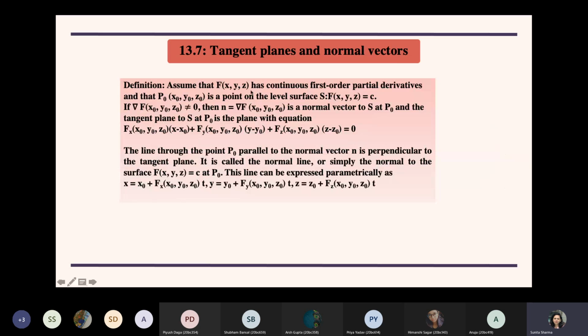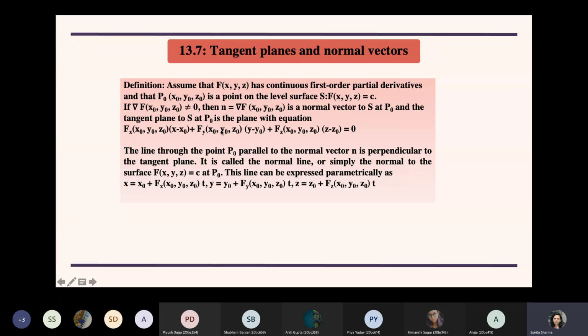Since we have the normal vector and we have the point, this is how we get the equation of the plane using the point normal form. This is your vector which has components fx, fy, and fz. And obviously we need to also check that this gradient should not be 0.